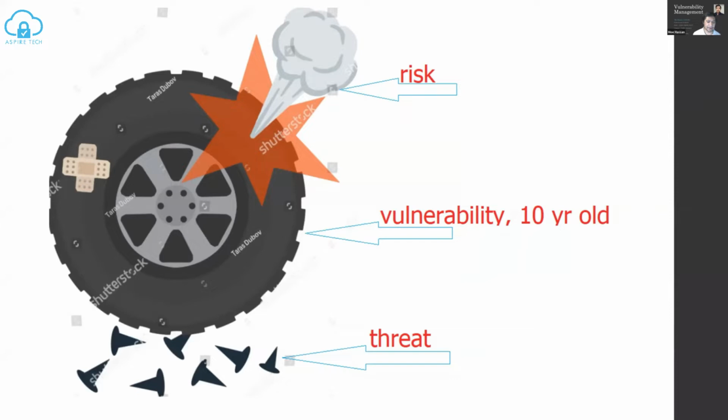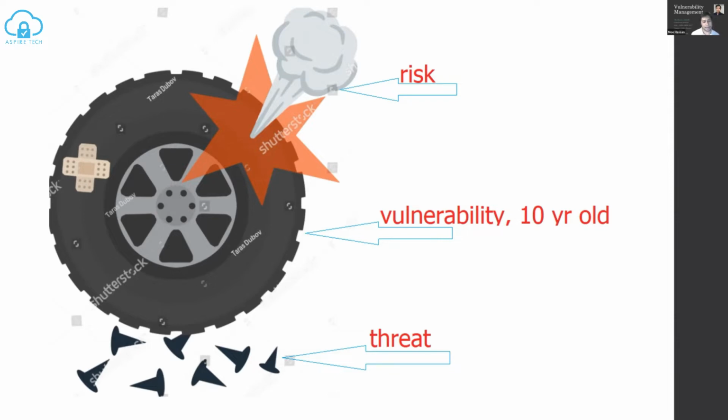A 10-year-old tire is not as good as a brand new one, of course. So if you're driving over those nails, chances are it will impact the tire. As a result, you may get a flat tire, which will then cause your car to stall.